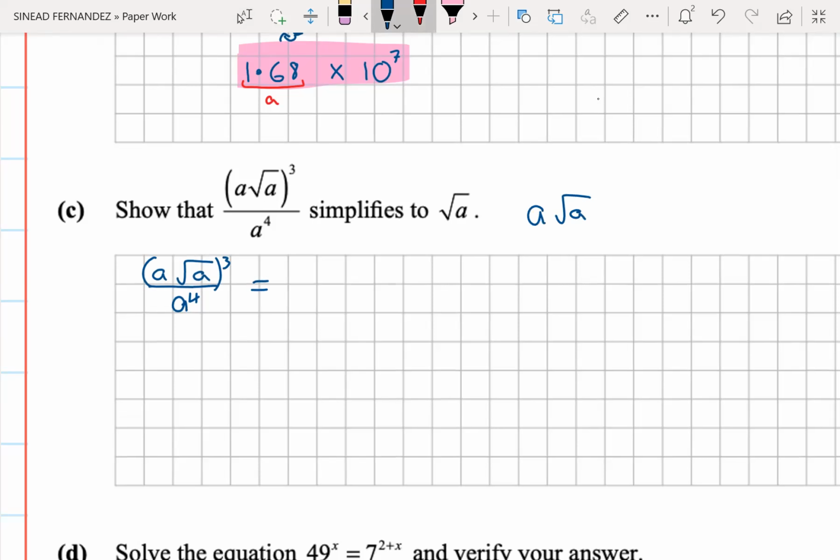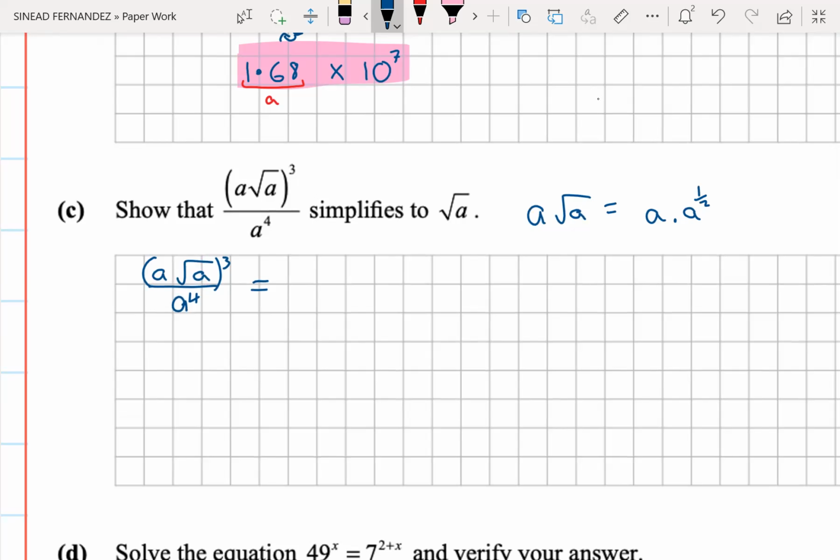So I'm talking about this bit, okay? And I'm doing it over here, all right? Now, that equals, remember, the square root of a number can be written as power of a half. And I'm using a dot there for multiply. So a multiplied by a to the power of a half, okay?